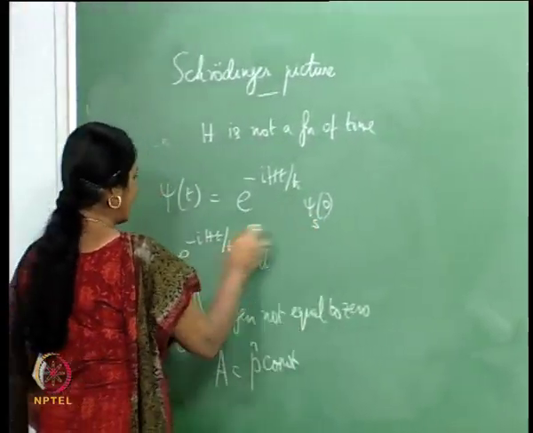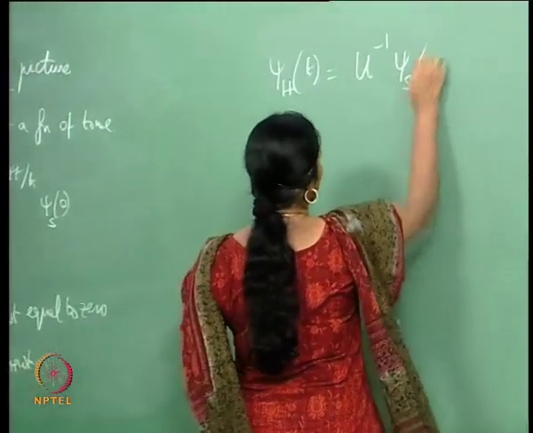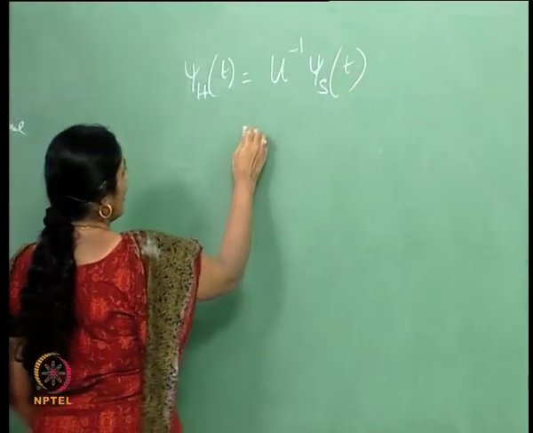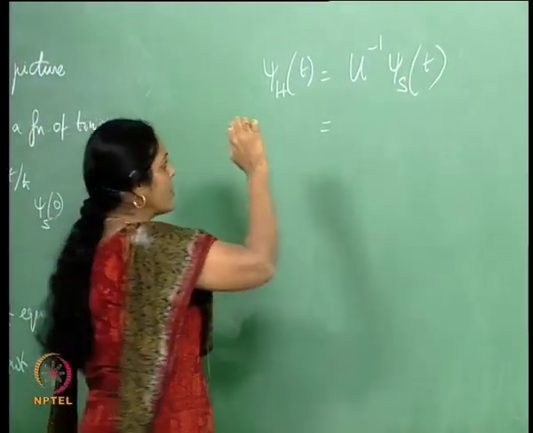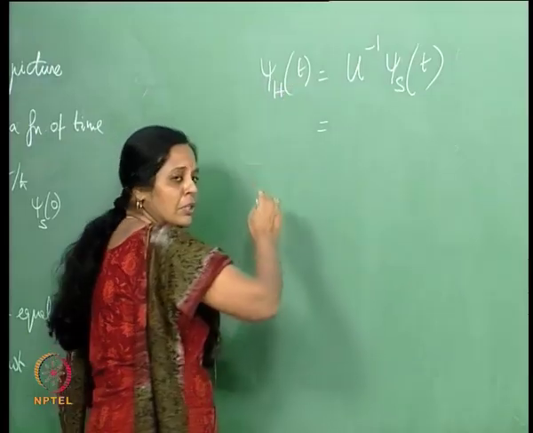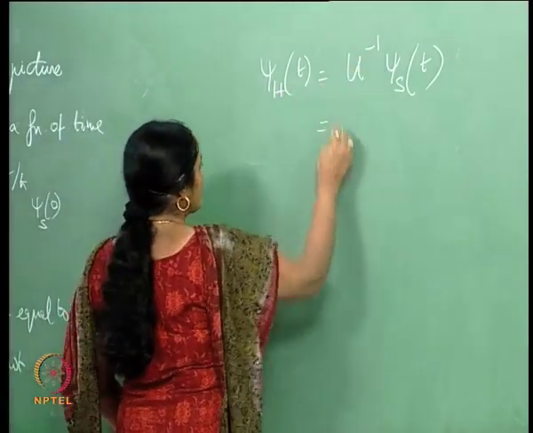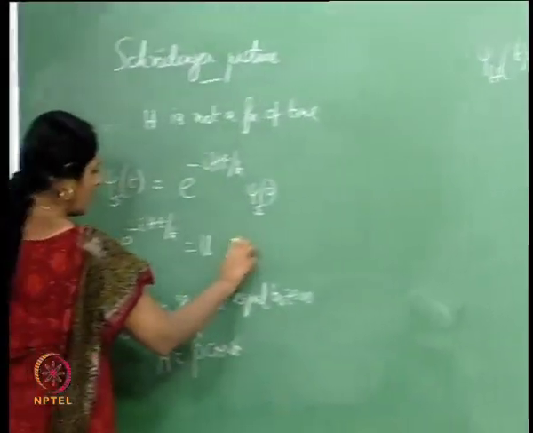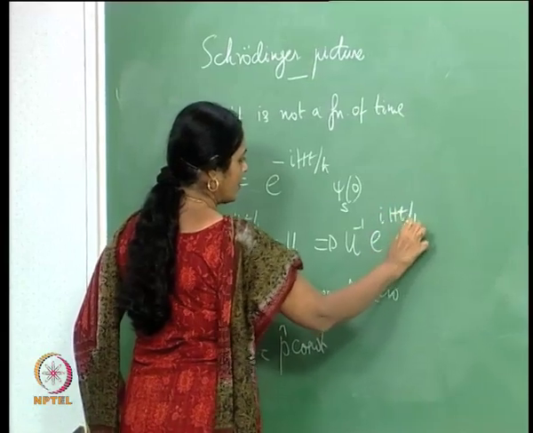So, let us put psi S of 0, psi S of t to show that we are in the Schrodinger picture. So, I go from the Schrodinger picture wave function at an instant of time to the Heisenberg picture wave function at the same instant of time by applying U inverse, and remember U inverse is e to the i H t by h cross.